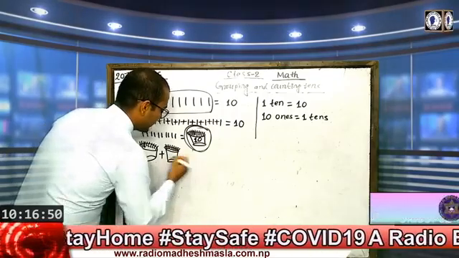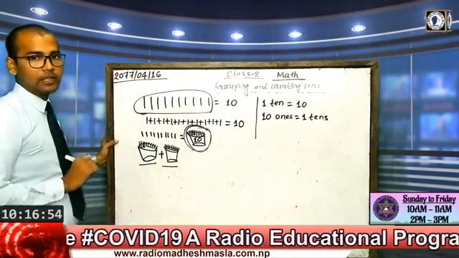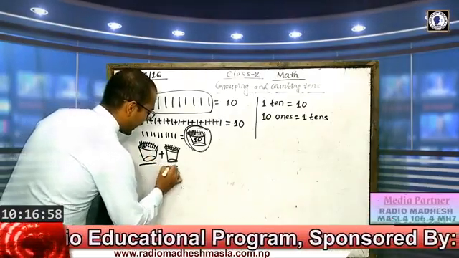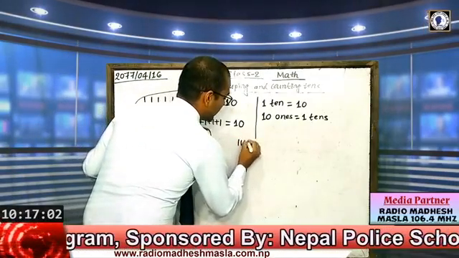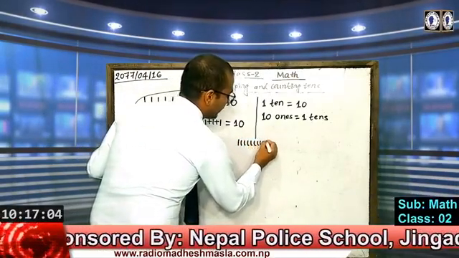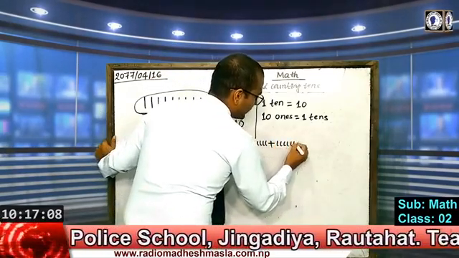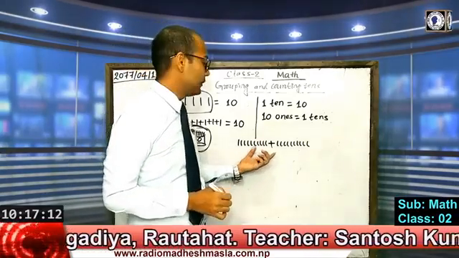Students, listen to me very carefully here. 1 ten plus 1 ten. It means 1, 2, 3, 4, 5, 6, 7, 8, 9, 10 plus 1, 2, 3, 4, 5, 6, 7, 8, 9, 10. So how many tens are there?